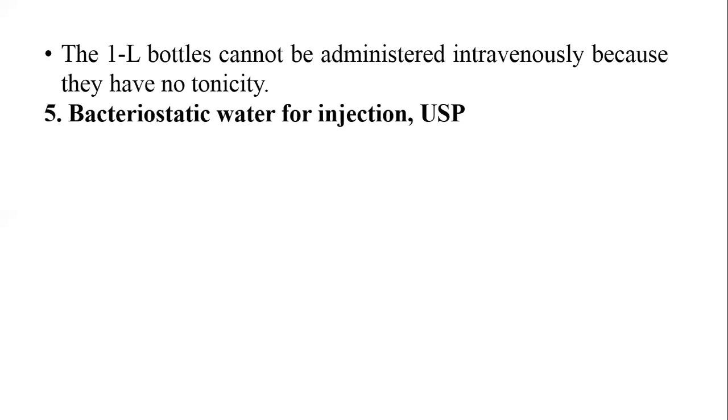The other, or the final type of water, is bacteriostatic water for injection, USP. This type of water, from its name, contains a bacteriostatic agent. It is unlike the previous type of water, which is sterile water for injection, which should not contain any added materials or antimicrobial agents.